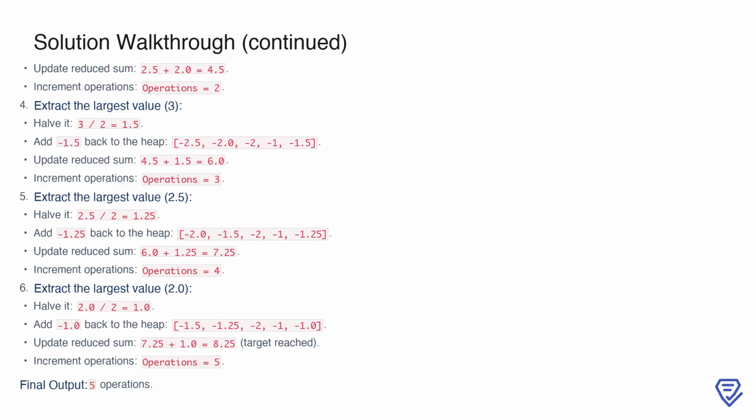Finally, we extract the largest value, 2.0, halve it to 1.0, and add -1.0 back to the heap. The heap now becomes -1.5, -1.25, -2, -1, -1.0, and the reduced sum reaches 8.25, exceeding the target of 7.5. The total number of operations required in this example is 5, and the final output is 5 operations.